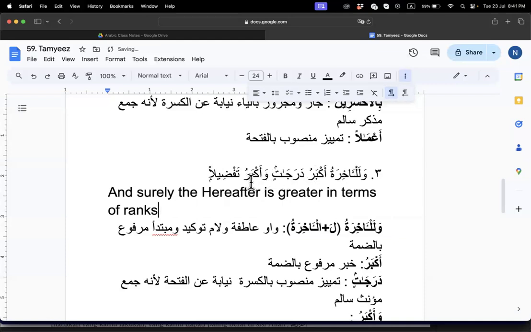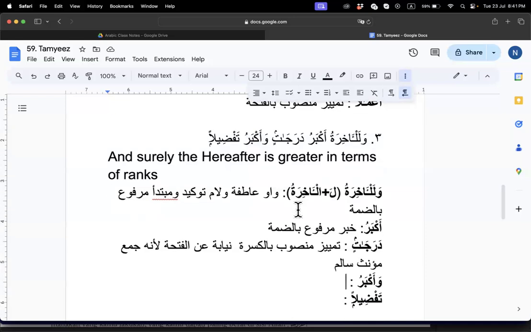What about this one? Wa akbaru tafdilan. Akbaru, same, greater. So i'rab wise, how is this connected? This one is maktuf to the previous akbaru. Yes, correct. So we say this is maktuf bil waw, maktuf ala akbaru.